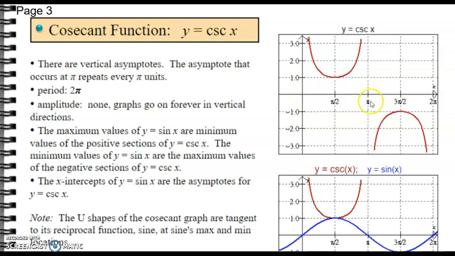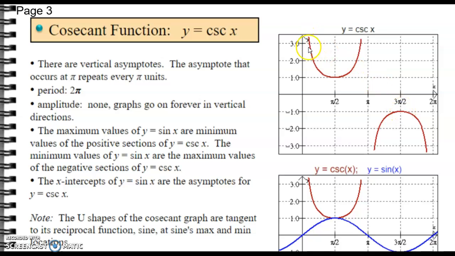If you remember, at 0, pi, and 2 pi, sine was 0 and the reciprocal of 0 is undefined. You can't have a fraction with 0 in the denominator. And at 3 pi over 2, sine was -1 and the reciprocal of -1 is still -1, and so we get a shared point here.